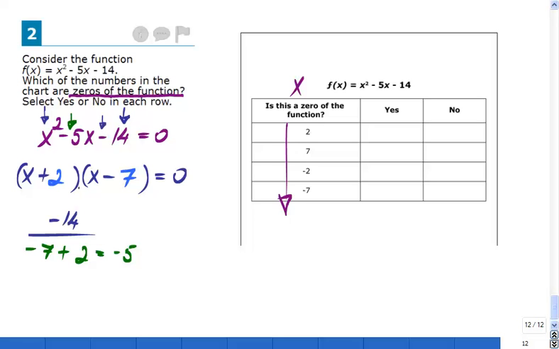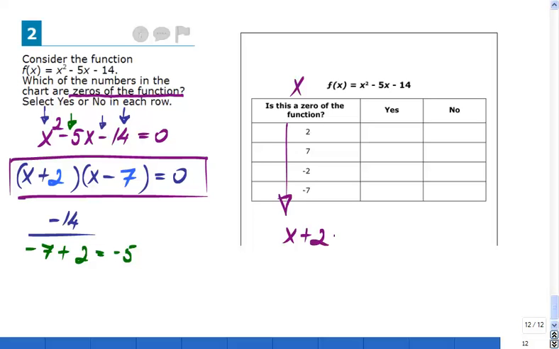Now by the zero product property, this statement here is true only if each one of its factors, I'm talking about the first one, x plus 2, will be 0, and x minus 7 will be 0. And this tells you the first root, x1. If you solve x plus 2 equals 0, you have x1 equals -2. Okay, -2, yes, that's a root.